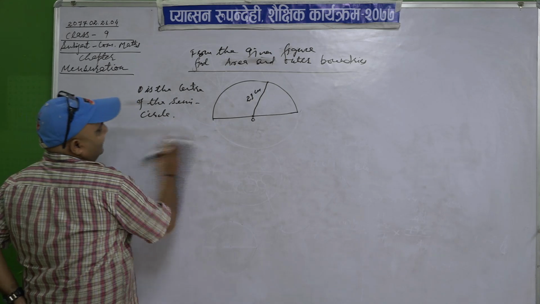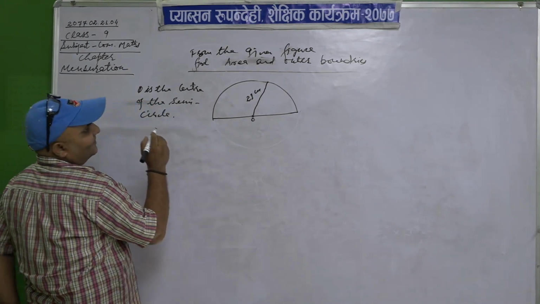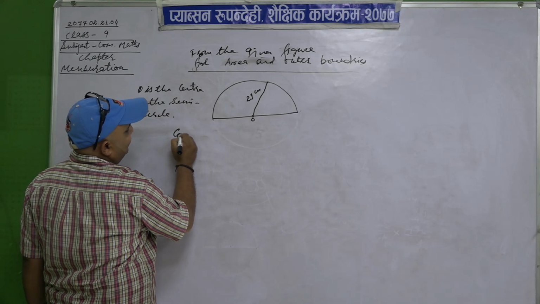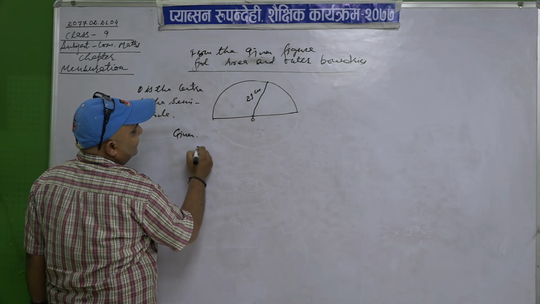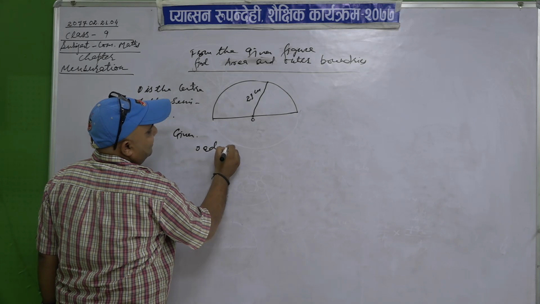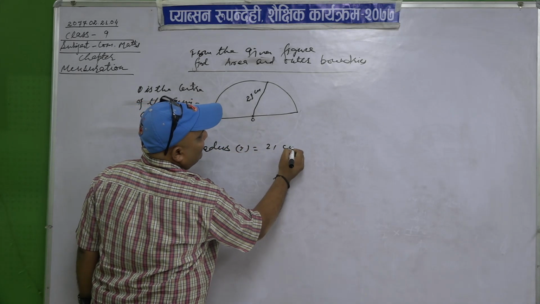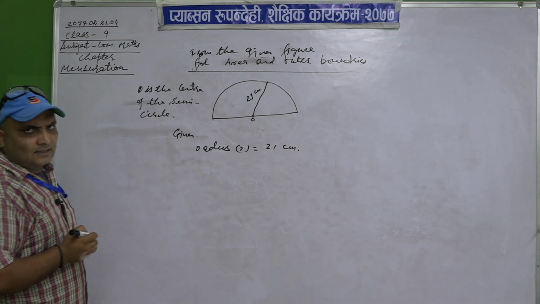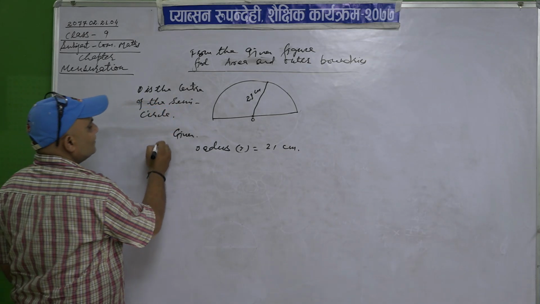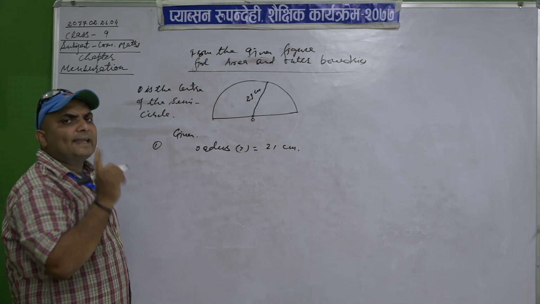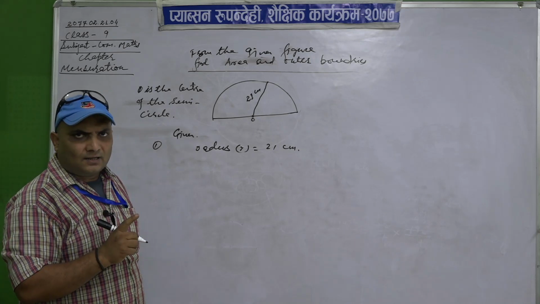Let us first take the formula of area of circle. What is given? Radius R is equal to 21 centimeter. First of all, find area of full circle.